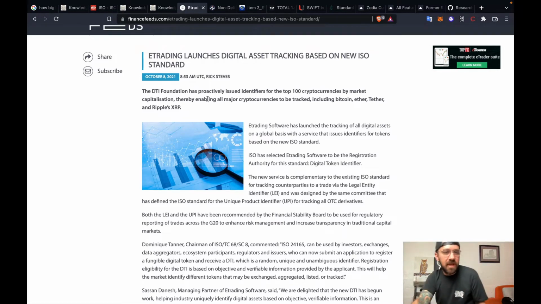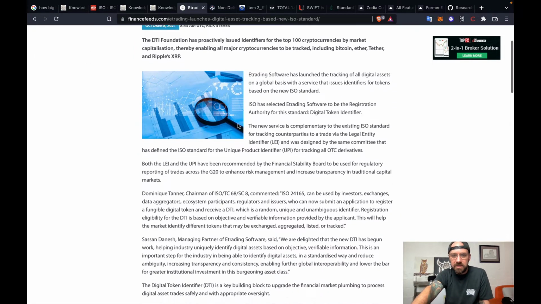The DTI Foundation, back in October of last year, proactively issued identifiers for the top 100 cryptocurrencies by market cap, thereby enabling all major cryptos to be tracked, including Bitcoin, Ethereum, Tether, and Ripple's XRP. Well, it's just XRP, as we know.